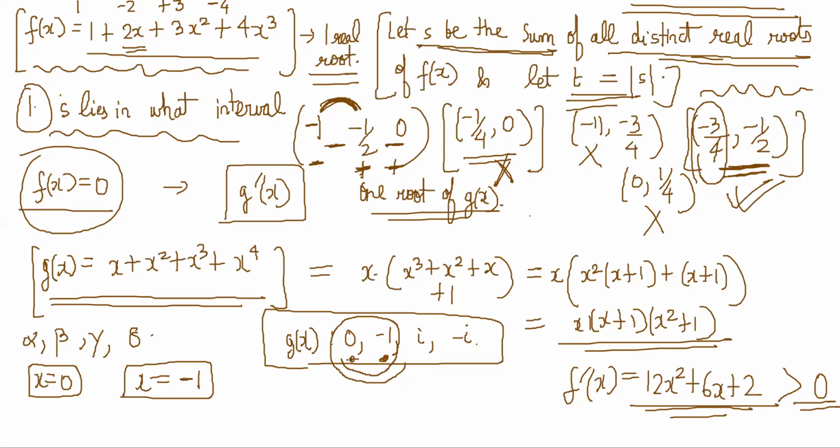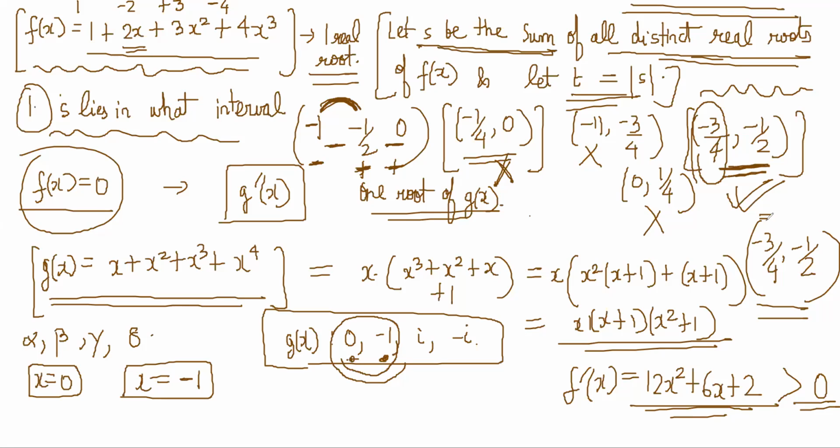So all that we know right now is that the root lies between -3/4 and -1/2. Area bounded by the curve, if you want to find. T is the mod of S. Oh wait, it's so obvious.